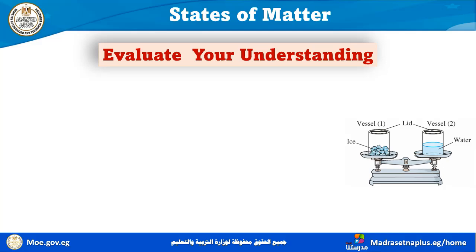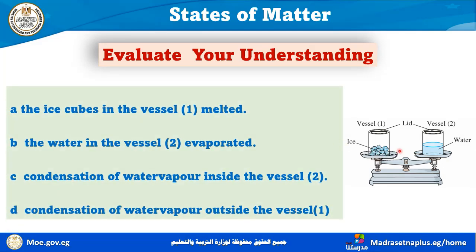We need to explain why the pan of vessel 1 moved down. We are going to choose one of these choices. Choice A, the ice cubes in vessel 1 melted.